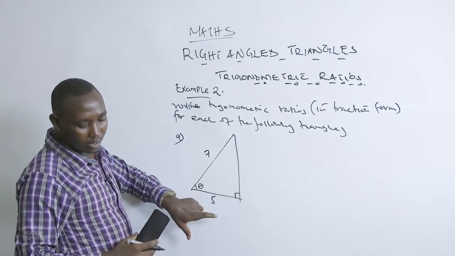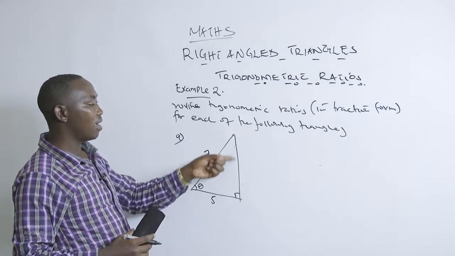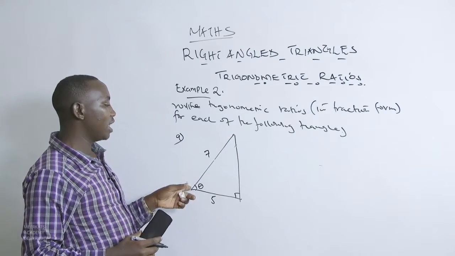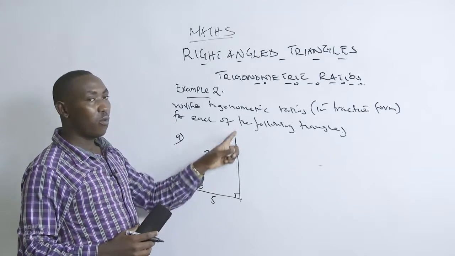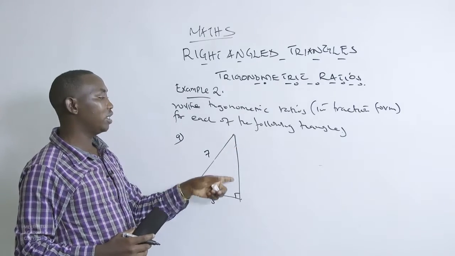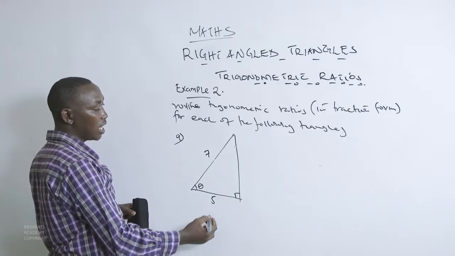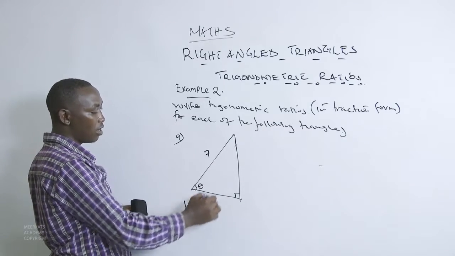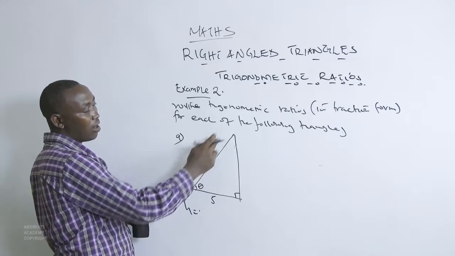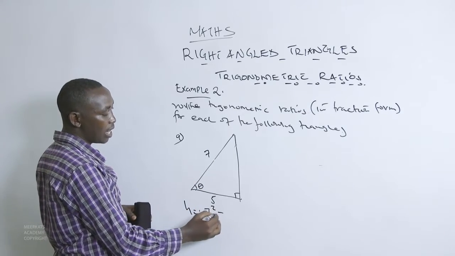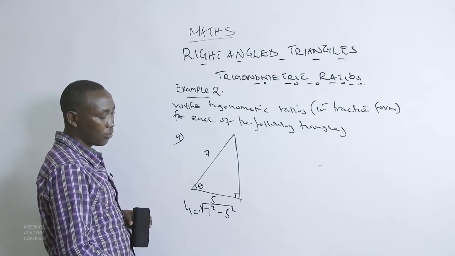Now it is important for us to be able to get the side of this particular triangle. Now given that the hypotenuse is 7, the base is 5, we can be able to get the height of this particular triangle by use of Pythagoras Theorem. In that particular case, our height, which is the unknown, will be given by the square of the hypotenuse, which is 7 squared, subtract the base squared, then you find the square root.